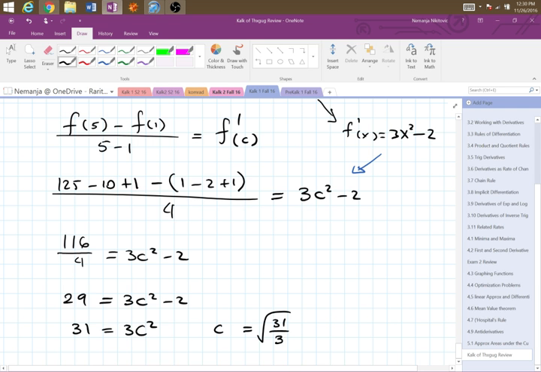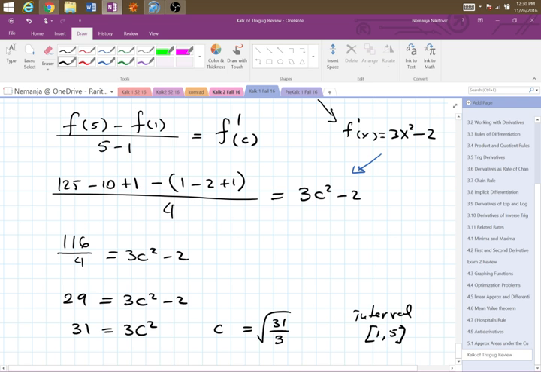But I'm not going to put plus and minus because our interval was 1 to 5. And that's clearly positive value, so whatever the negative of this is, no one cares. 31 divided by 3 is like 30 divided by 3. 30 divided by 3 is 10, and square root of 10 is 3.2, whatever.